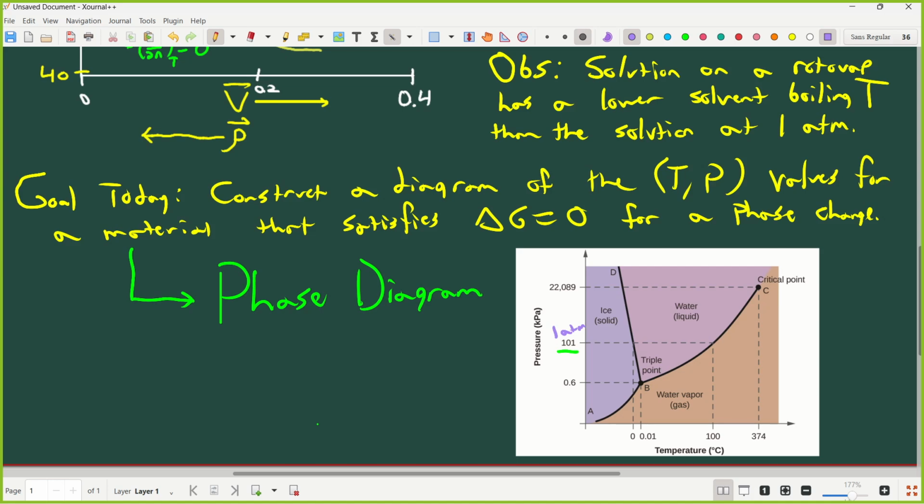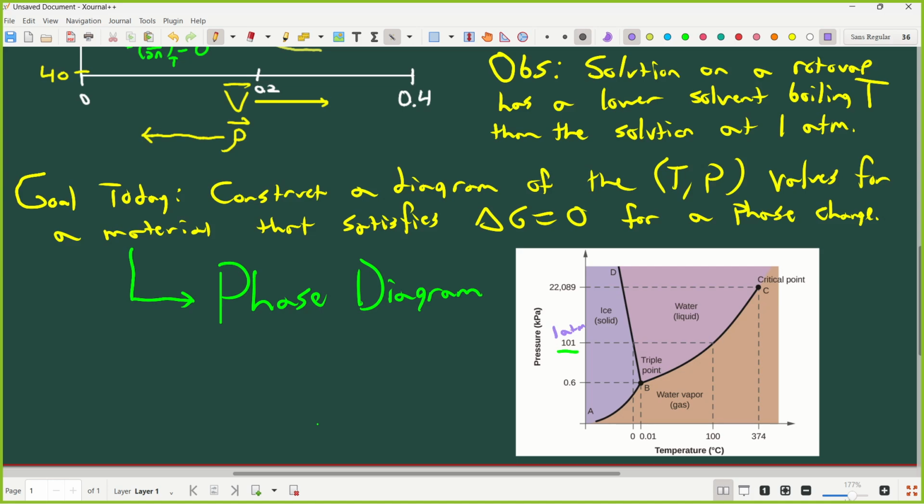And of course, if we get high enough pressure, cold enough, those attractions between the molecules are so significant that the system condenses into a solid, freezes out. And so ice almost always fills the top left side of this diagram, the low temperature, high pressure side.